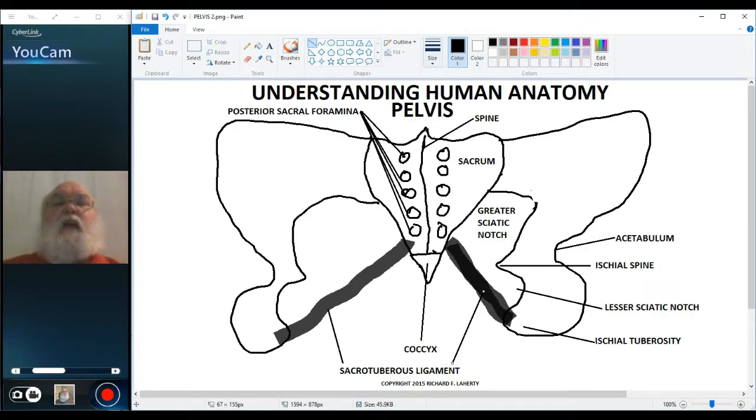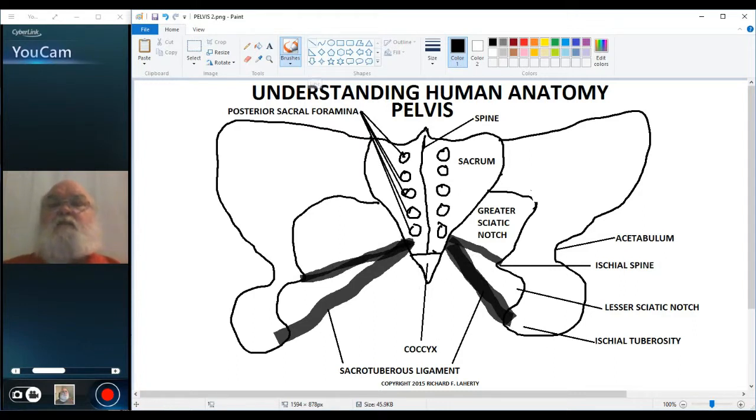We're going to then have another ligament, and this ligament comes from the sacrum over to the ischial tuberosity. Like so.